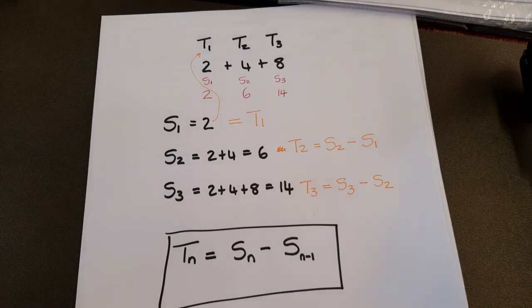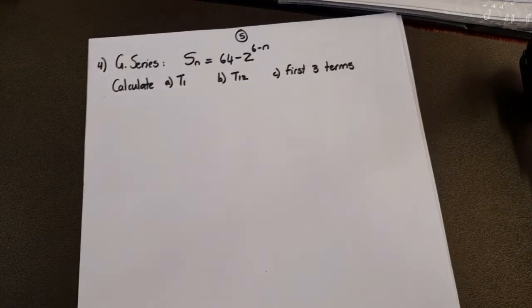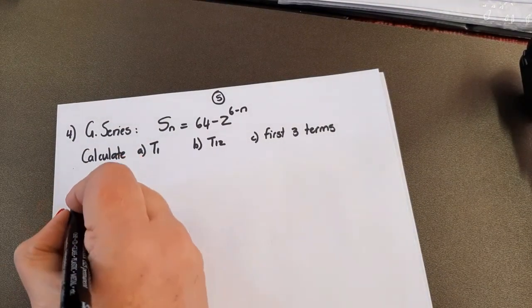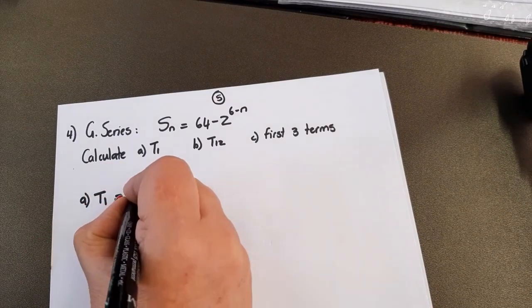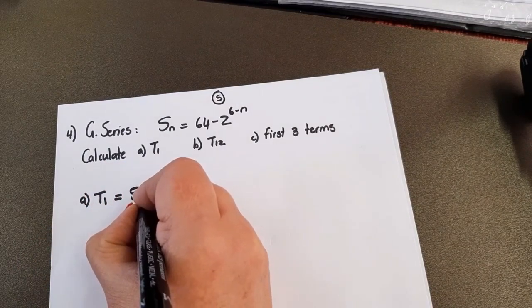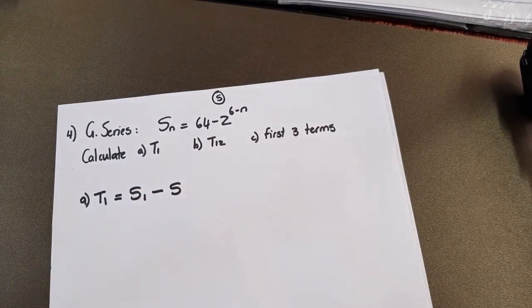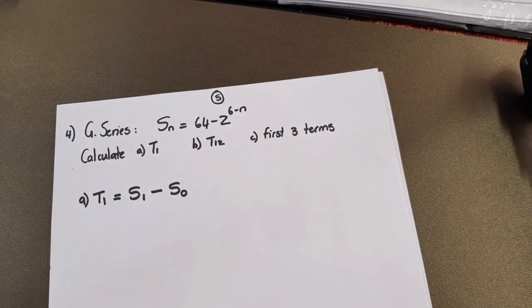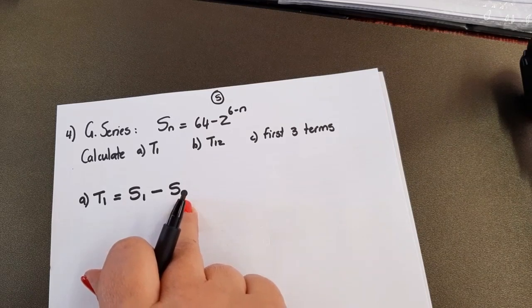Now let's look at our question. Calculate term 1. Term 1 will be the sum of term 1 minus the sum of the previous one. We don't have a term, the sum of no terms.